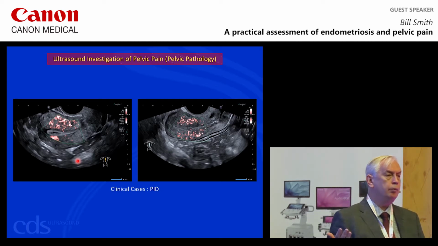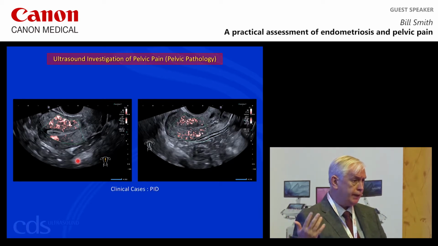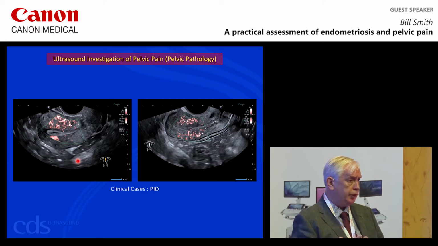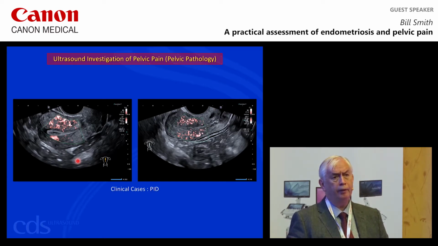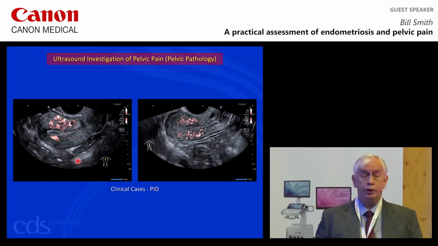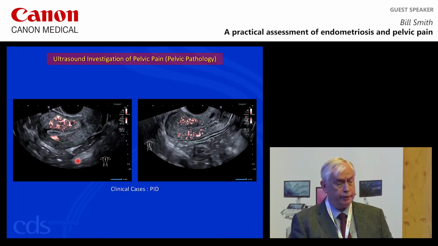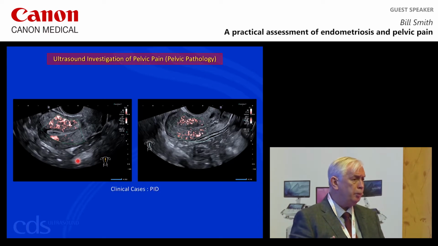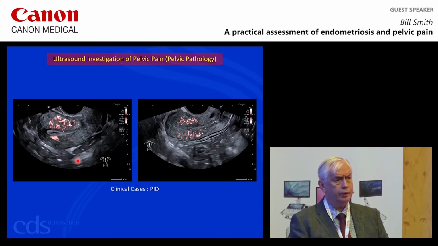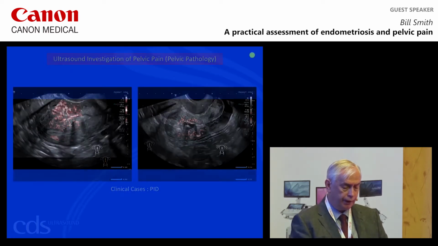If you take someone with estrogen dominance, then you will get the same changes, and those patients will suffer similar clinical symptoms to patients with infection, or indeed patients with adenomyosis. So again, the color Doppler is very, very useful to us in terms of looking at myometrial vascularity.